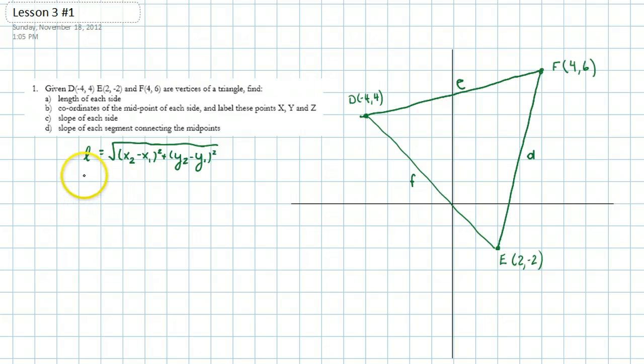So let's do D first, and D is equal to the square root of (4 minus 2) squared plus (negative 2 minus 6) squared, which is equal to the square root of 2 squared plus negative 8 squared, which is equal to the square root of 4 plus 64, which is equal to the square root of 68.